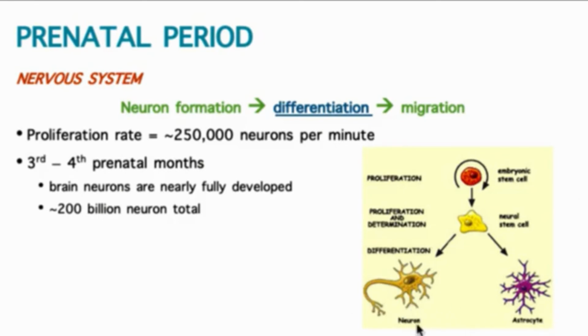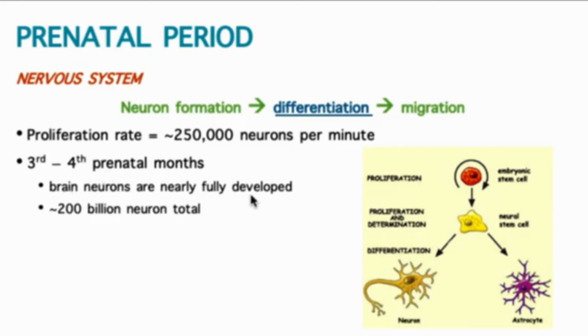So the neuron is the most basic cell, and that's the one that comprises the majority of our body. But we also have other types of cells, like this one in this picture is called an astrocyte. And we don't really talk about different types of neuron cells or nervous cells, but there are different types, just so you know. But between the 3rd and 4th prenatal months, typically brain neurons are fully developed.